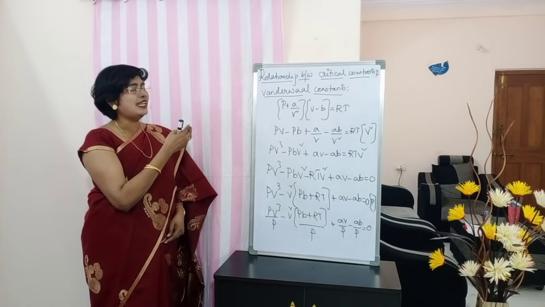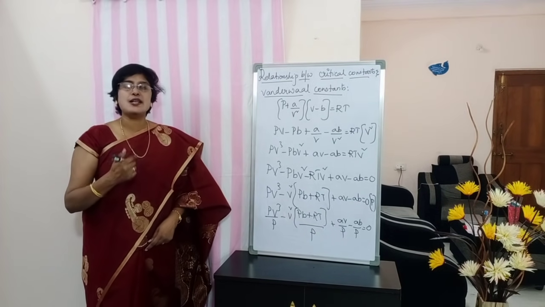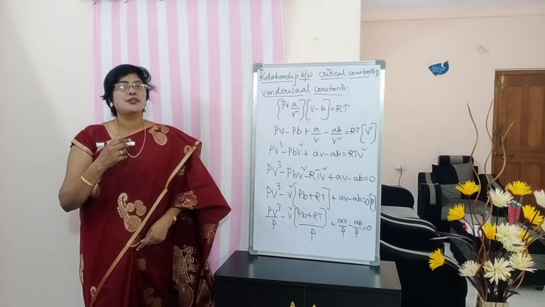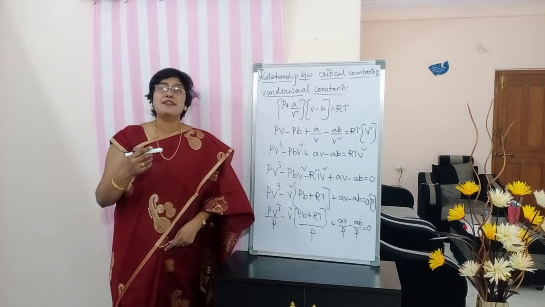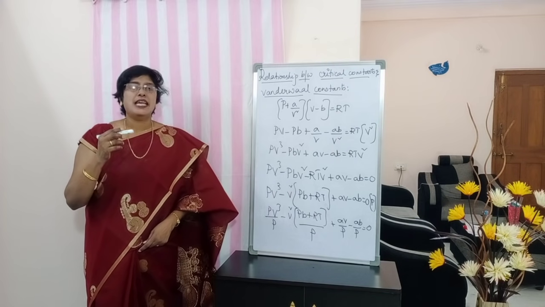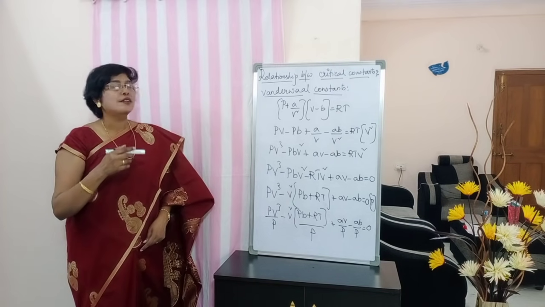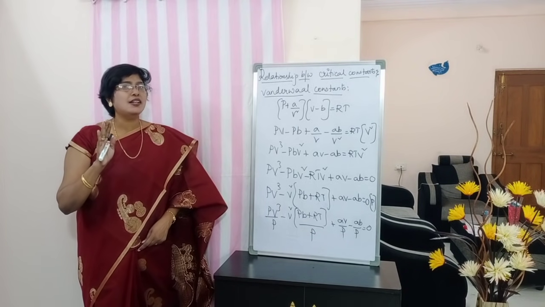So immediately after the side heading, relationship between critical constants and Vanderwaal constants, you write down Vanderwaal's equation of state for 1 mole of a gas: (P + a/V²)(V − b) = RT. Okay, a well-known equation.